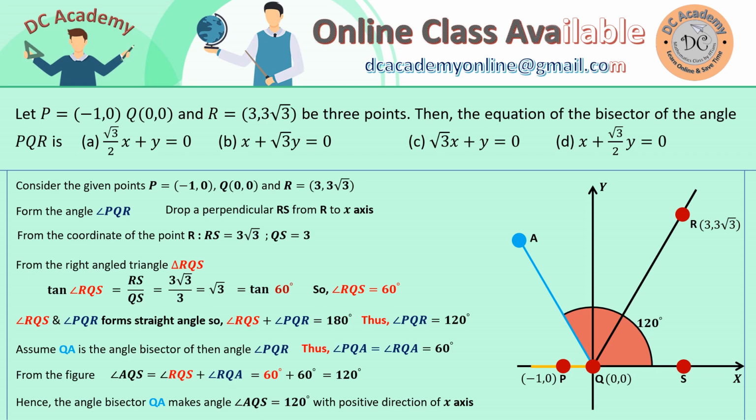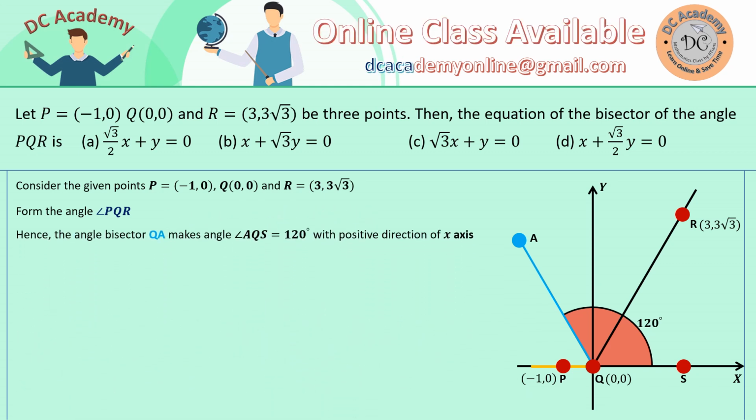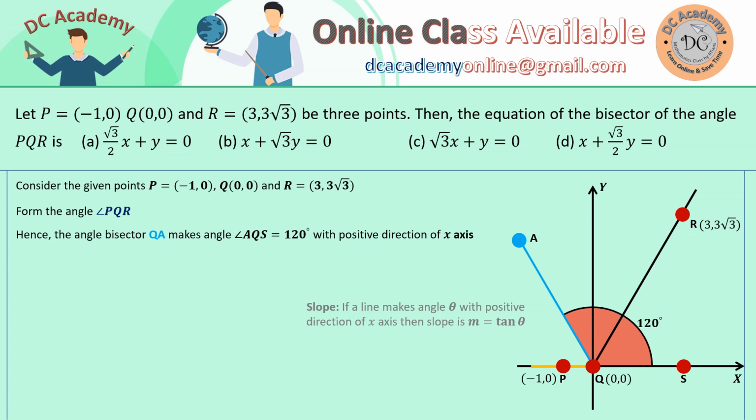So from here our main aim is to find the slope. As we have seen, QA makes an angle of 120 degree, and we know that if a line makes an angle theta with the positive direction of the x-axis, then the slope is tan of that angle theta. So the slope of the line QA will be tan 120 degree.